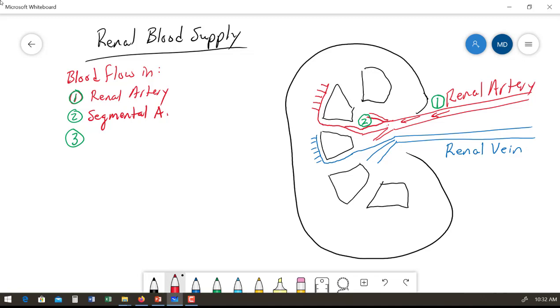From there, the third set of arteries that the blood flows into are called interlobar. The interlobar arteries are found within the renal columns.